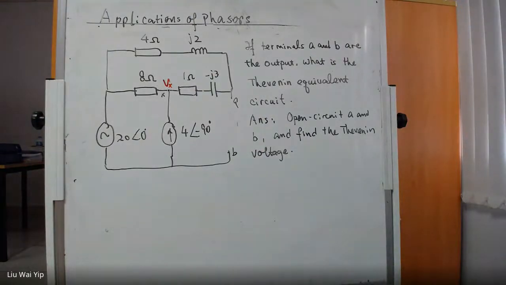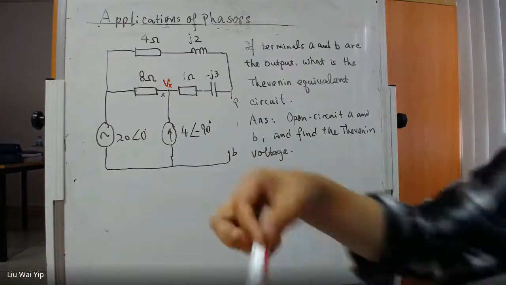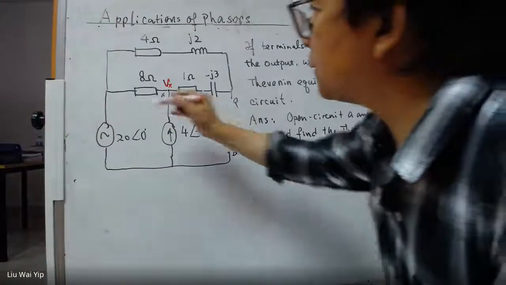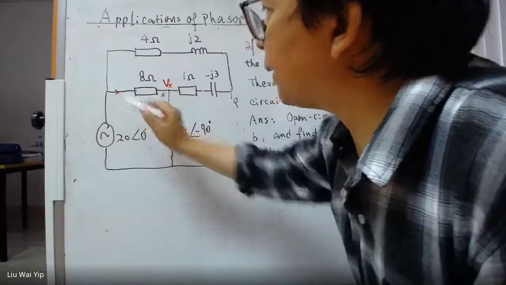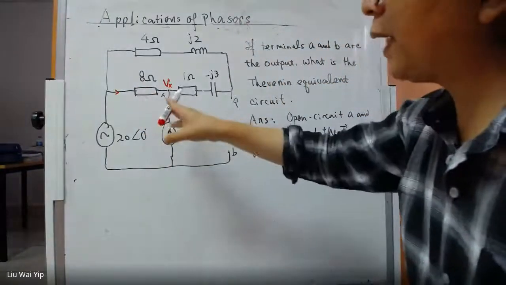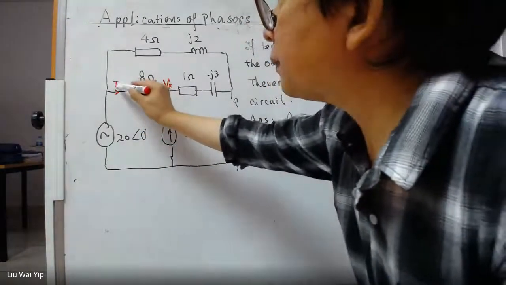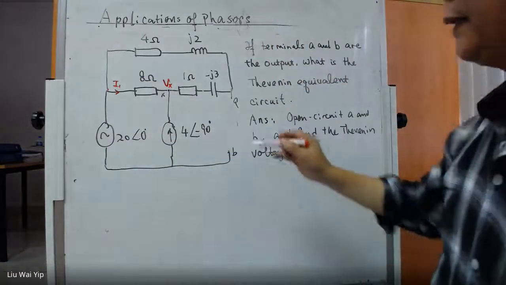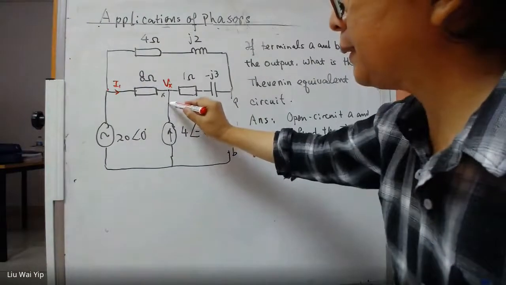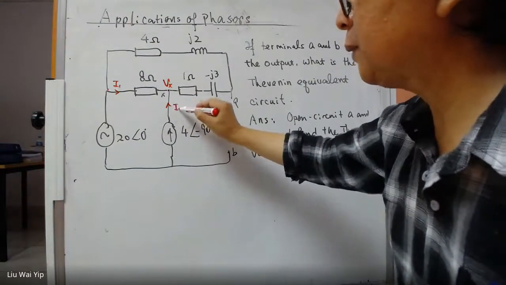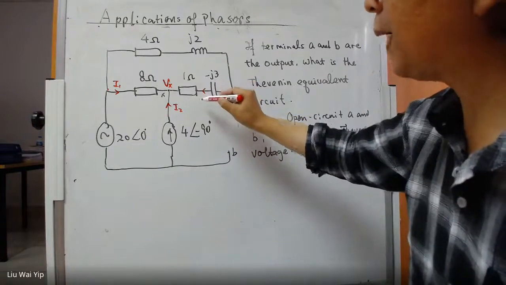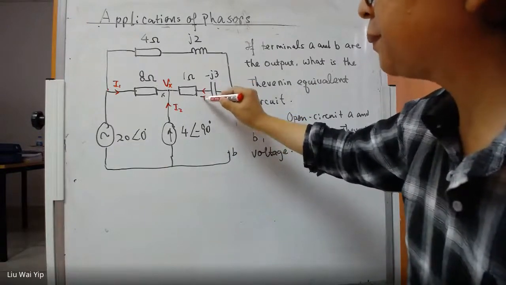With this information, we can find the total current. Let's assume the current flowing in this branch is I1, the current flowing in this branch is I2, and the current flowing in this branch is I3.